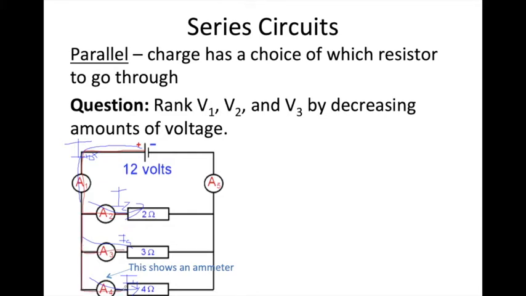Similarly, everything on the other side touching the negative side of the battery terminal, which we'll do in blue here, is going to be at 0 volts. We have a 12 volt difference, so if it's 0 volts on the negative side, then it's 12 volts on the positive side. So every one of these individual resistors has a potential difference of all 12 volts across it. So V1 is equal to V2, is equal to V3, which is equal to the total voltage, or the voltage of the battery.